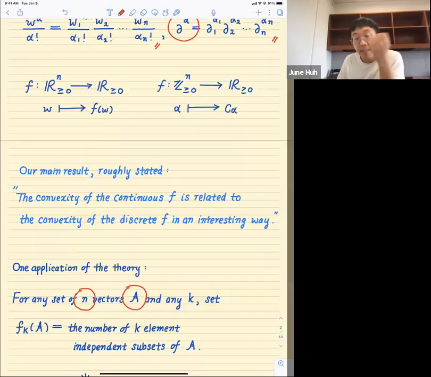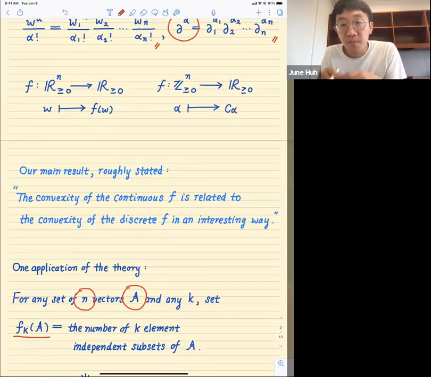And this choice of A gives you a sequence Fk, which counts the number of k-element independent subsets of A. So here, independent, of course, refers to the linear independence of vectors. So I have some vector arrangement, and I count the number of independent sets according to their cardinality.